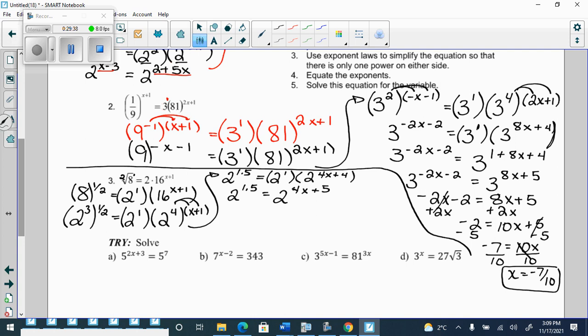Subtract 5. Negative 3.5 equals 4x. Divide by 4. And x should equal negative 7 over 8.